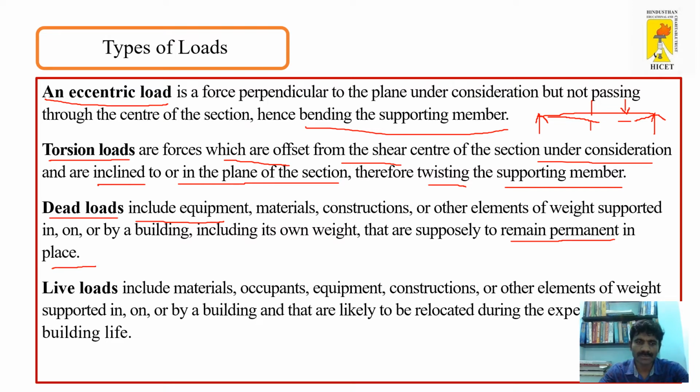So the next type of load is live loads, which include materials, occupants, equipments, construction, or elements of weight supported in, on, or by the building that are likely to be relocated. So this type of loads are called live loads.